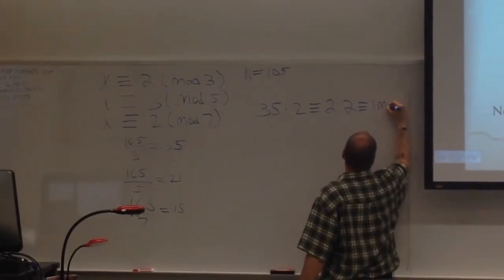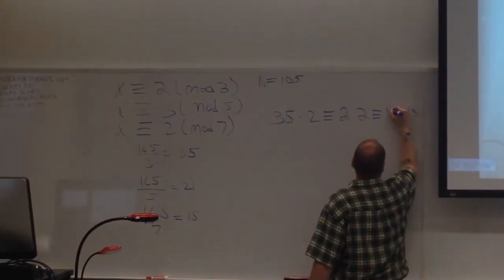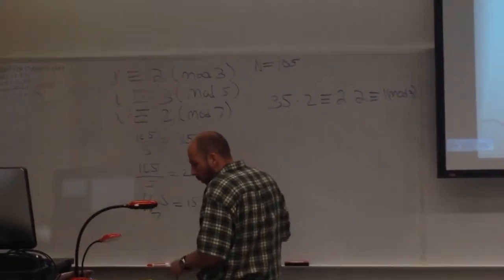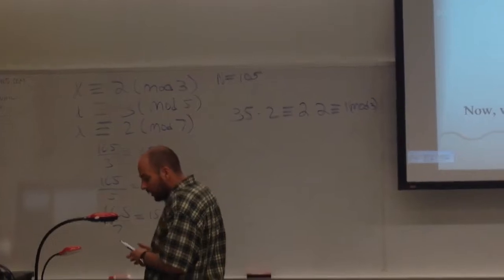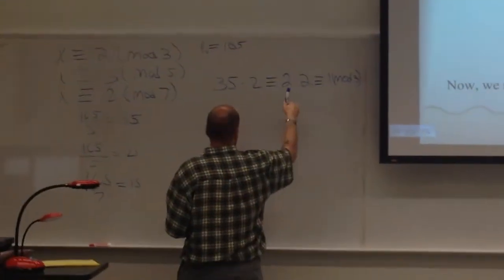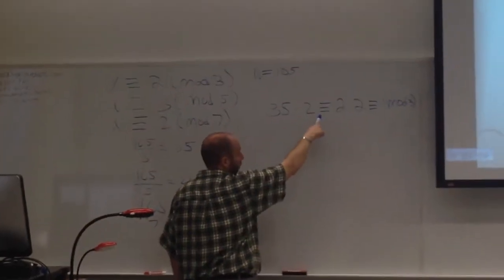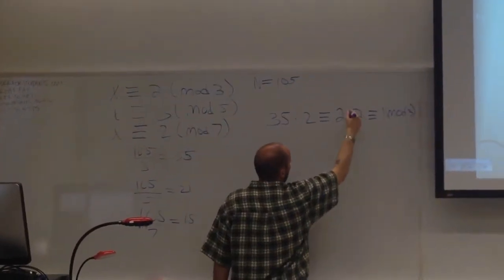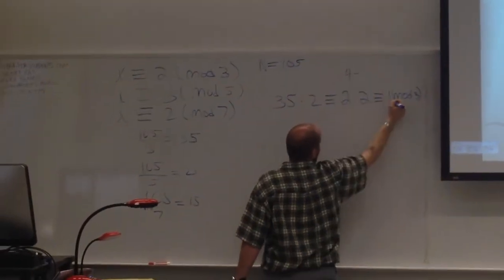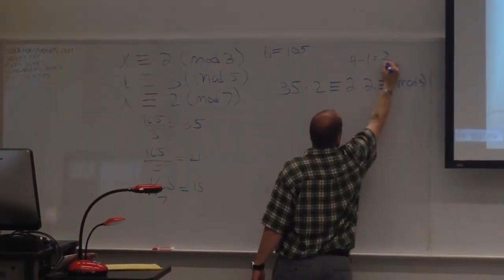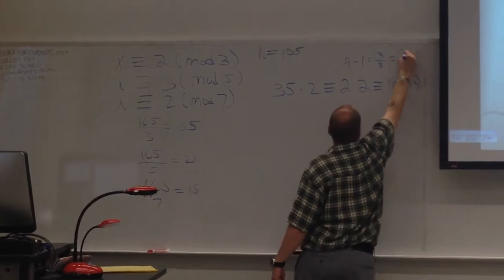So we have 1 mod 3. If we solve this out, 35 times 2 is congruent to 2 times 2, and 2 times 2 is 4, minus 1 equals 3, divided by 3 gives us 1.